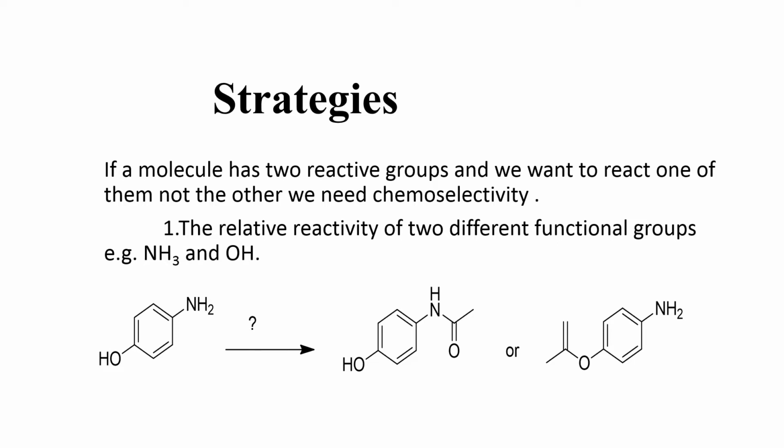Their reactivity towards a single substrate will compete with each other. So the relative reactivity of two different functional groups, for example, here is an example in which the two functional groups are NH2 and OH group.